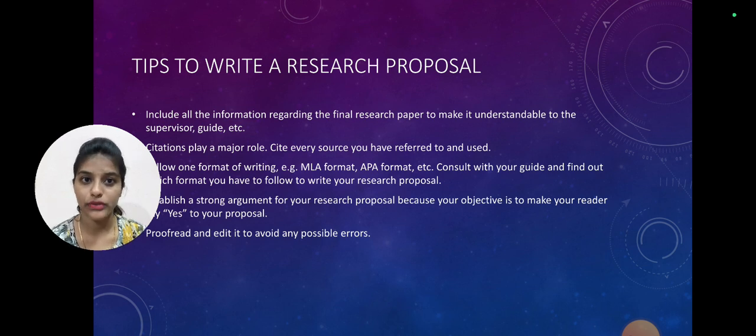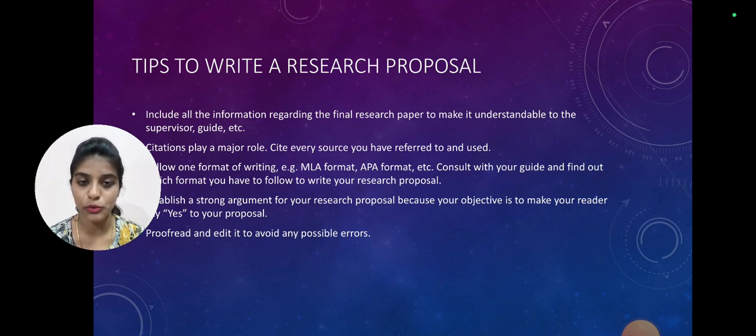And you have to even mention the sites which you have used, as I said in the bibliography part. You have to mention the books or the sites which you have referred to for the information, and you have to give them. And also you have to give a format of writing, that may be the MLA format or APA format. And also you can include many others after consulting your guide.